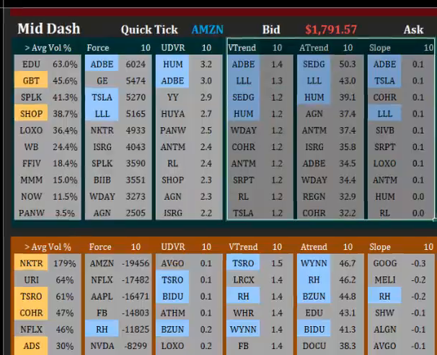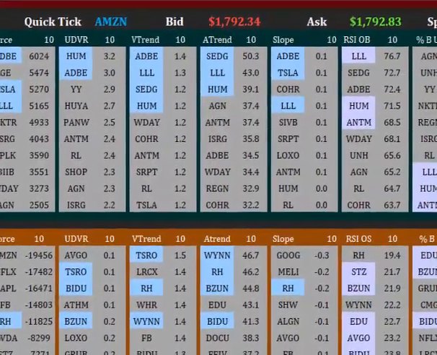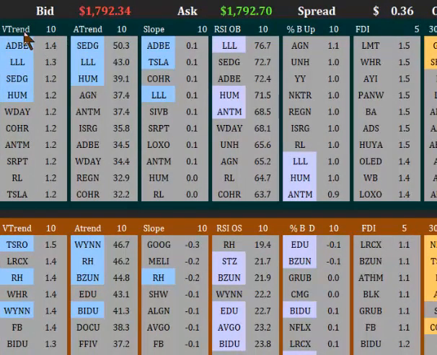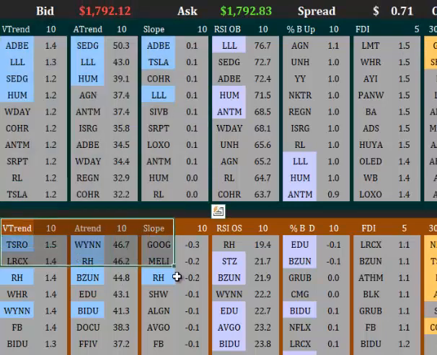These three, vortex trend, ADX trend, and price slope, have more to do with how strong is the trend. Is there a trend? How strong is it to the upside? And in turn, how strong is it to the downside? And you notice that they do capture some that are the same, like LLL, HUM.